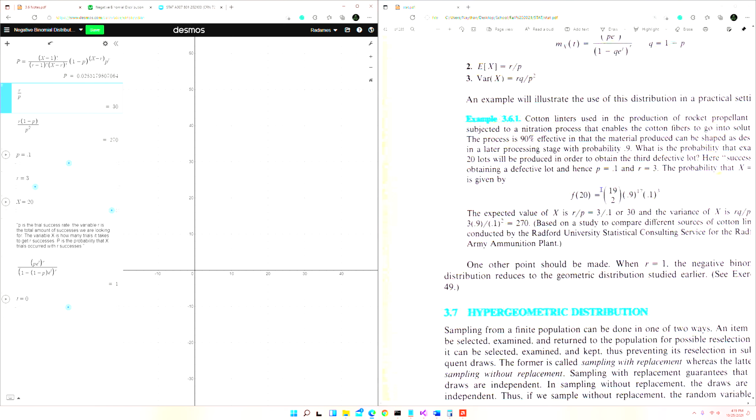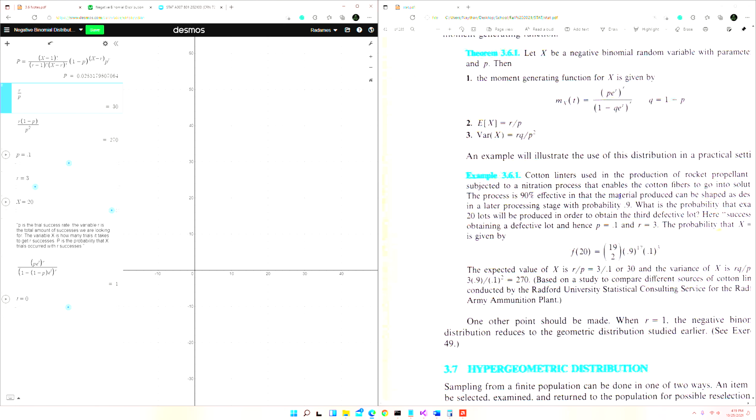Another thing that this problem asks for is the expected value and the variance. These are the equations for the expected value, r divided by p, which in this one comes out to be 30.